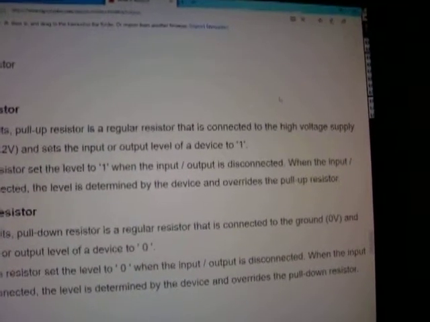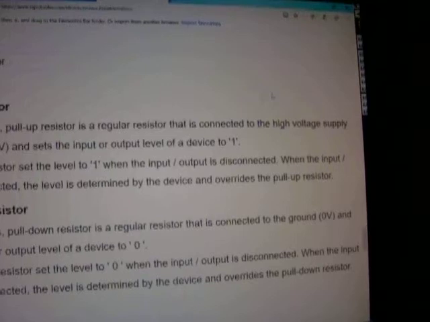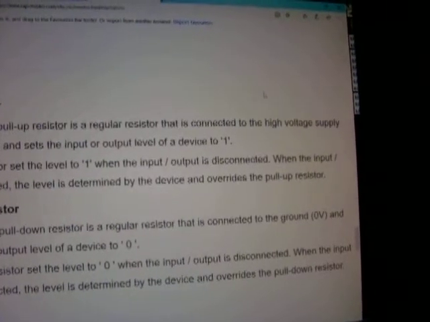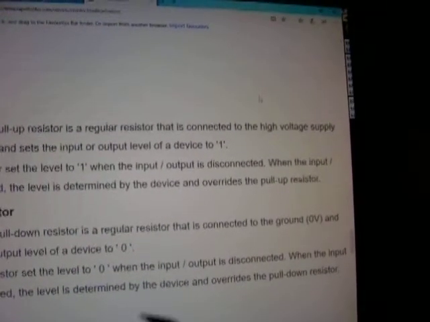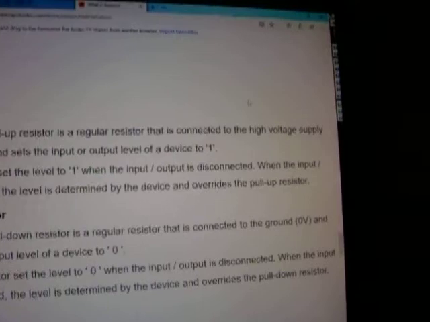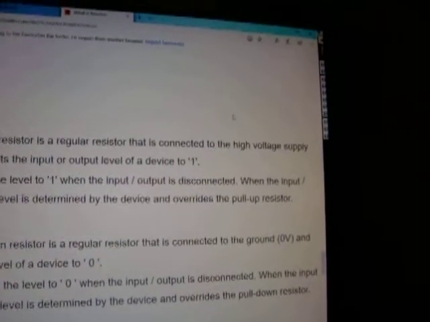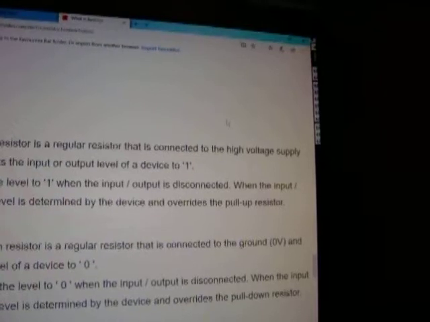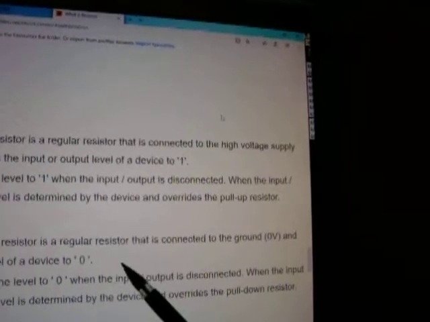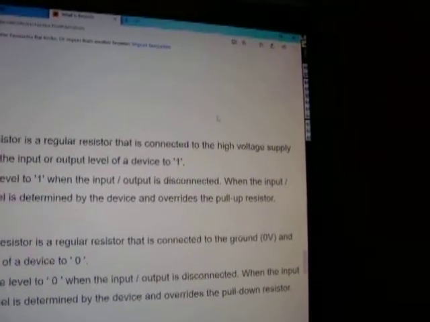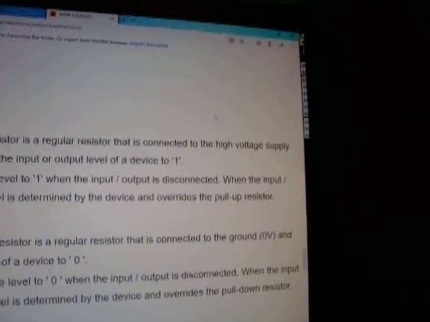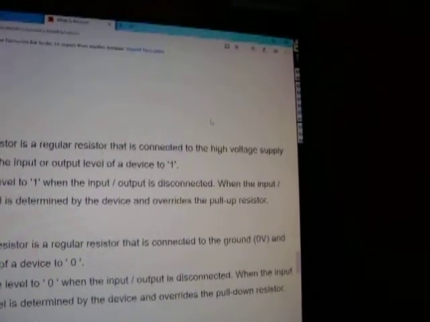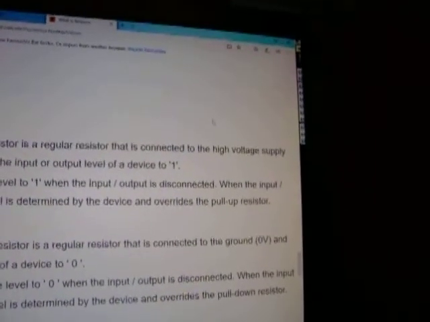The pull-down resistor will hold it at 0 voltage until it has been plugged in or unplugged. In digital circuits, a pull-down resistor is a regular resistor that is connected to the ground, not volts, and sets the input or output level of a device to 0. The pull-down resistor sets the level to 0 when the input-output is disconnected.